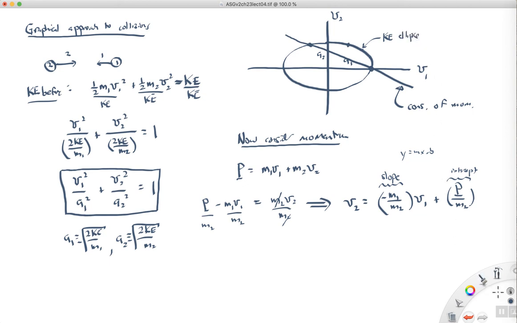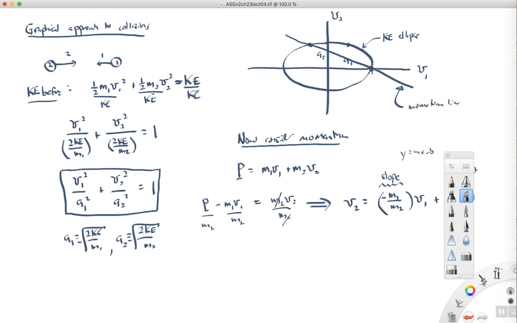I guess I don't want to call that the conservation of momentum line. I want to call it the momentum line, because we're not really talking about conservation yet.